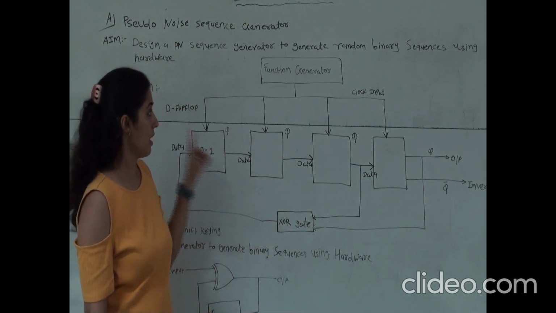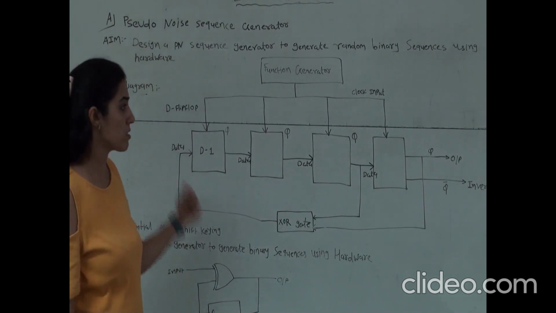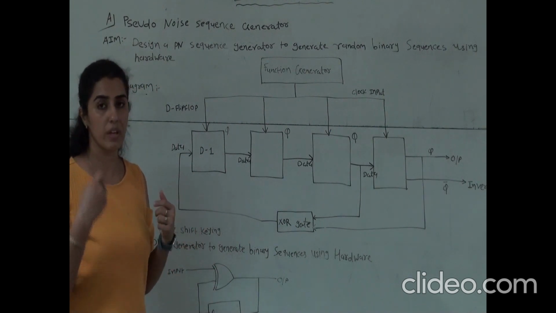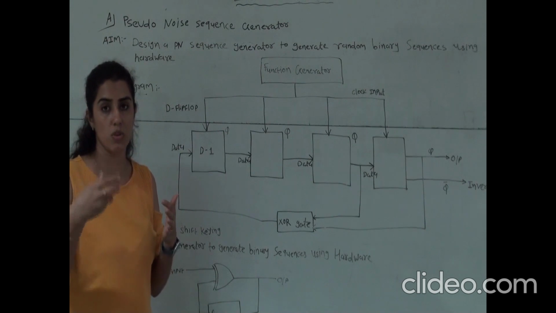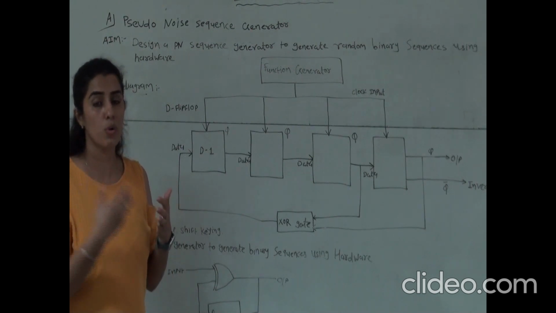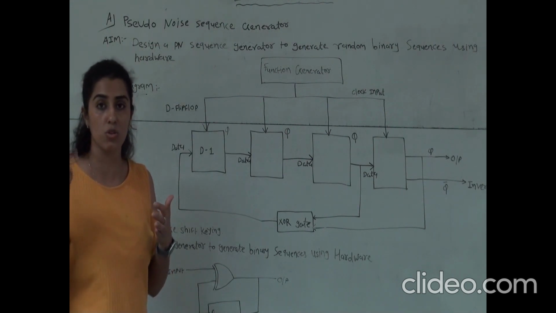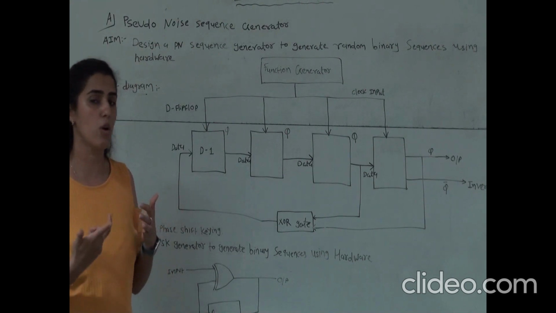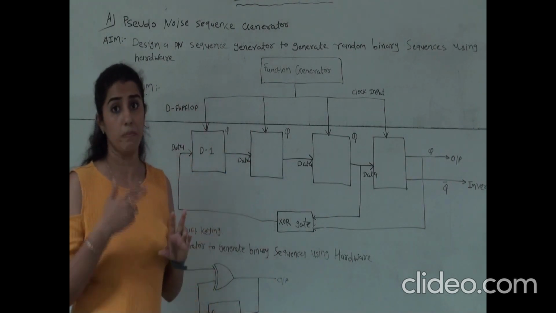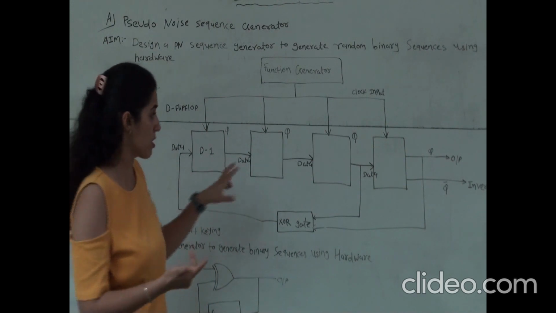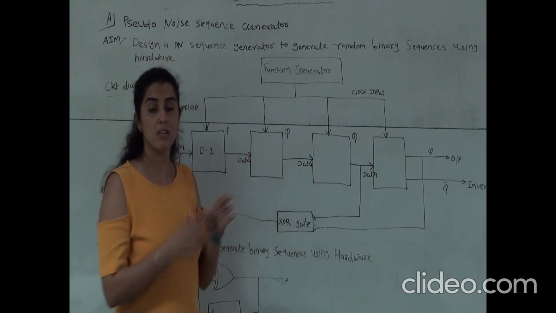So basically, the complete circuit generates a random sequence. The only drawback of the circuit is that when we give the input seed, for example the sequence 0, 0, 0, 1, that seed shouldn't be all 0. That is, we cannot give the input as 0, 0, 0, 0. What is the reason for not giving this? If we give 0, 0, 0, 0, we cannot generate random sequences, because with these inputs as 0, the output will be 0 and it will always be 0.